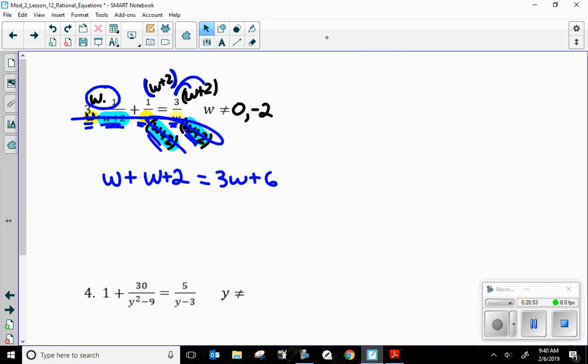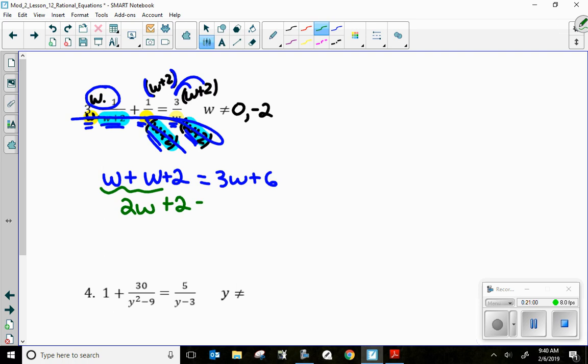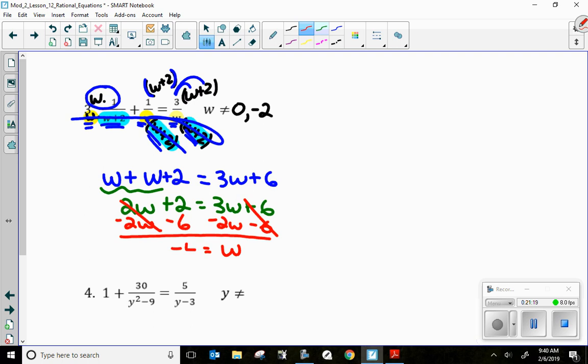All right? Now it's just basic math. Okay, I have 2 W's, plus my 2, equals 3W plus 6. All right, so now I'm going to subtract 2W from this side. Bang. This becomes 1W. And I want to get rid of the 6 on the right. W is -4. Okay, is that one of our restrictions? No. So that works.